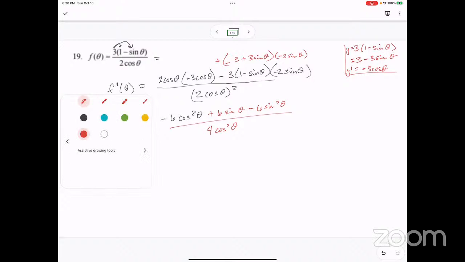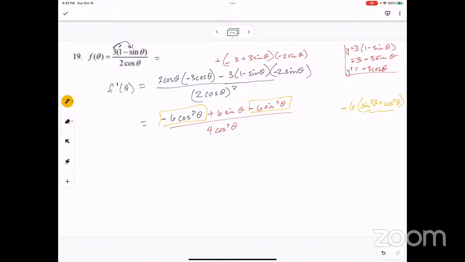Now, what happens to this, this, and this? Do you notice what's -6 times sine squared theta plus cosine squared theta? What's this equal to?